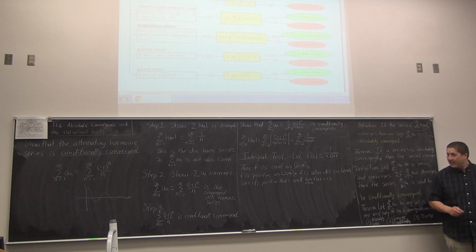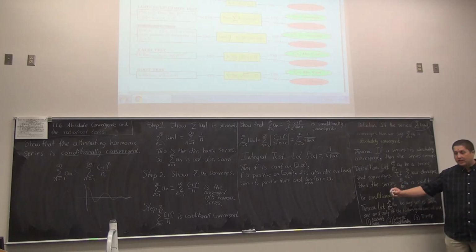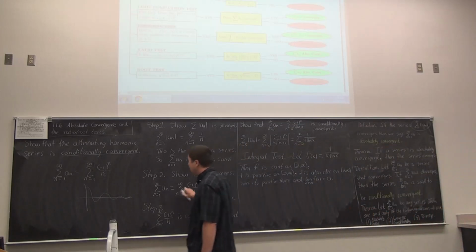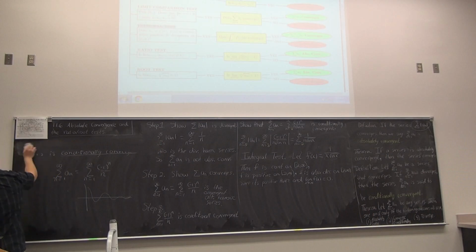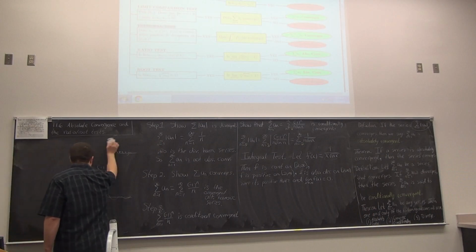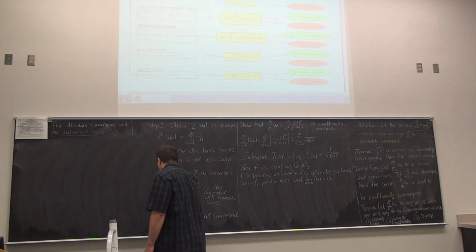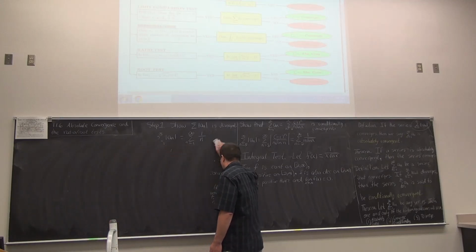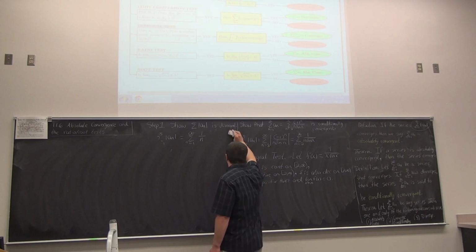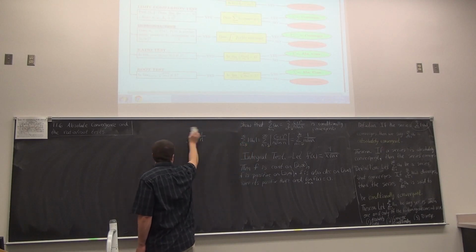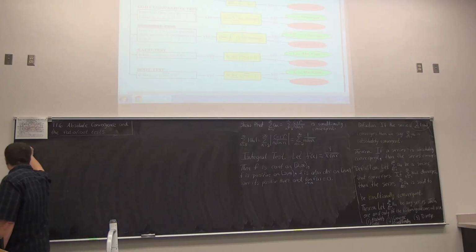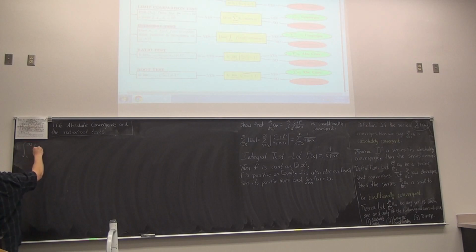Okay, then the integral test can finally begin. In the integral test, we need to look at a particular definite integral. We probably have to do it way over here. So next step, we take a look at the definite integral from 1 to infinity of f of x dx.